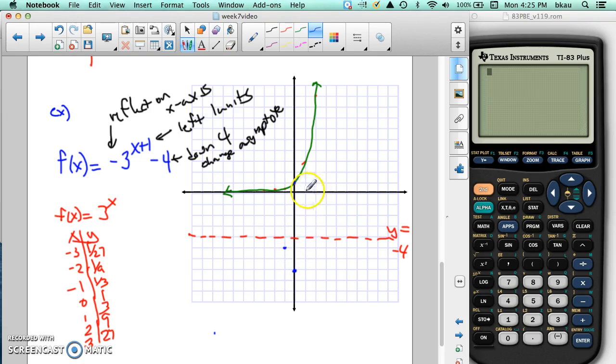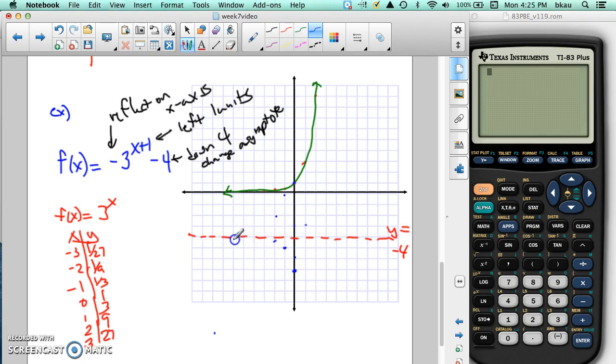The next reflection is 3 down, so it reflects to there, moves over left, and then 1, 2, 3, 4 down. So that's where that point goes. Okay, this point, same thing, reflects. We're kind of in the middle here. So it reflects to there, moves left 1, and down 4. 1, 2, 3, 4. So it goes to here.